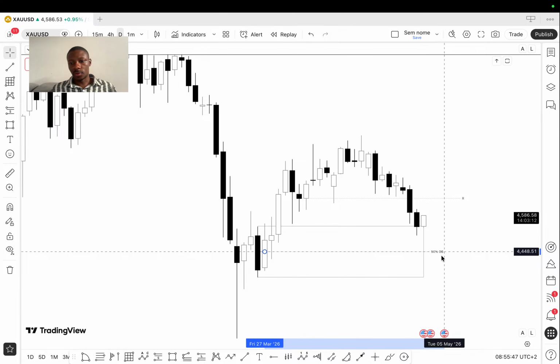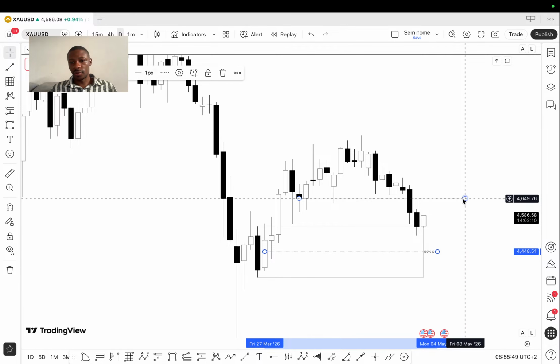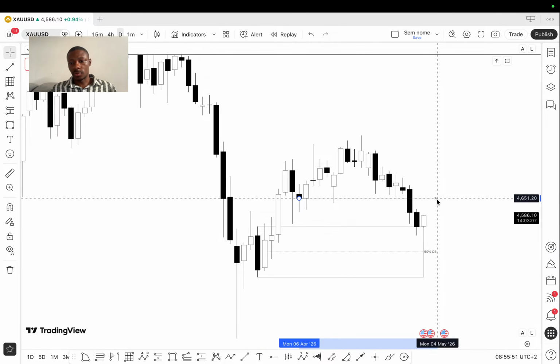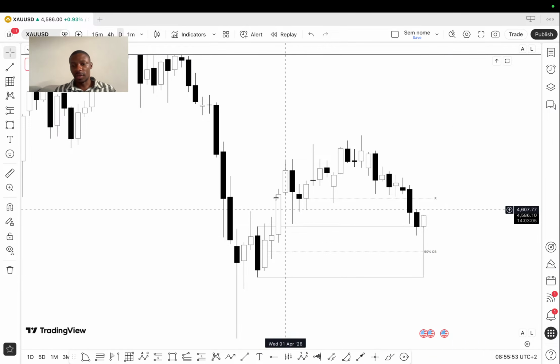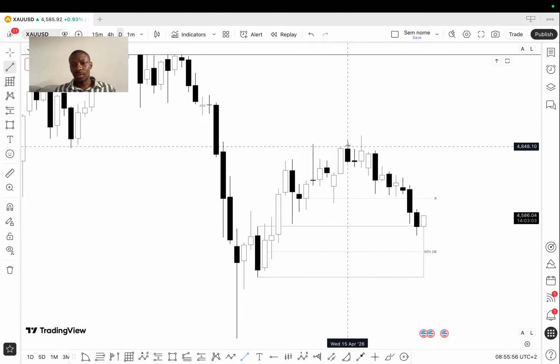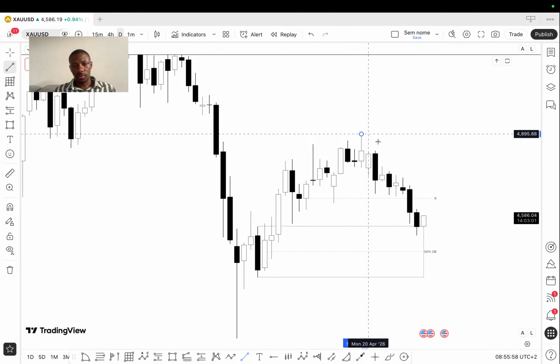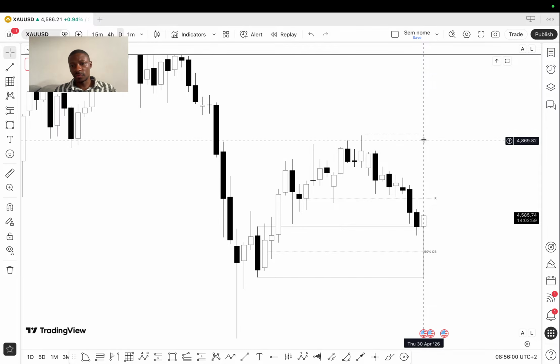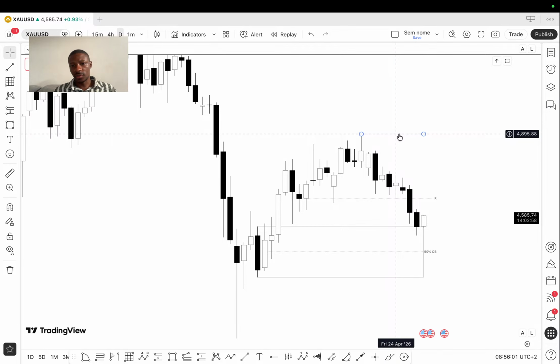I'll put it as close as possible to the frame so that we can then look at it on lower time frames. Now, this would be our initial target for the daily time frame.